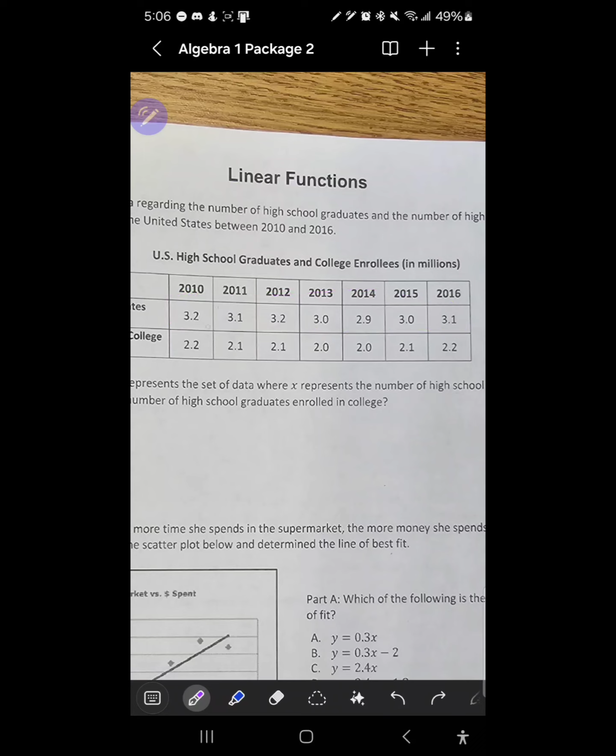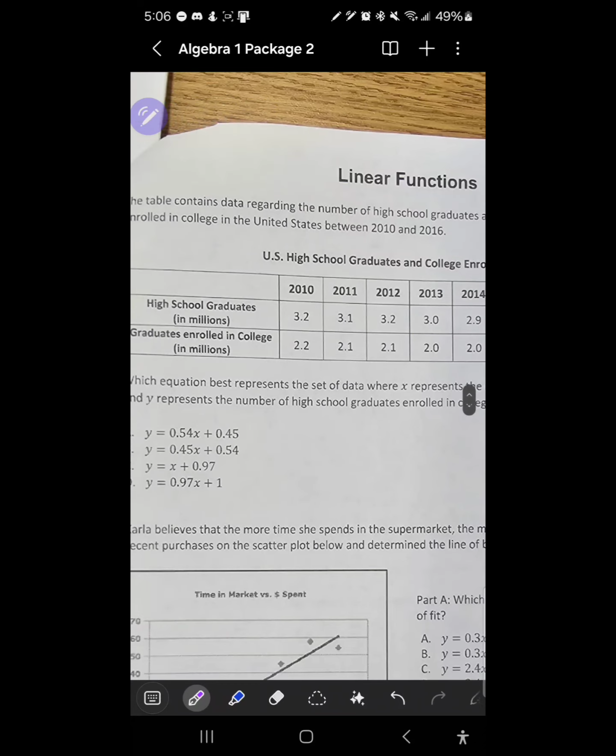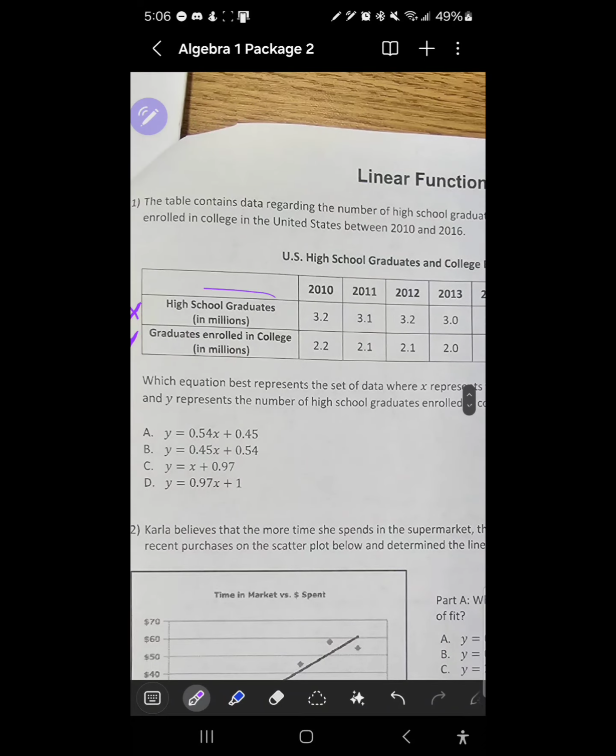The difference here is 1.1, this is 1, this is 0.9, this is 0.9, and this is 0.9, which we could say is approximately 1. So when 1 million high school graduates go to college, zero graduates, wait, I'm saying it wrong.